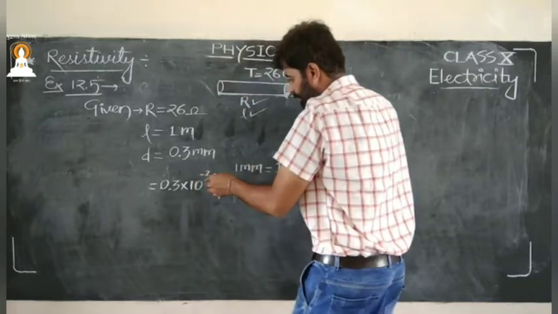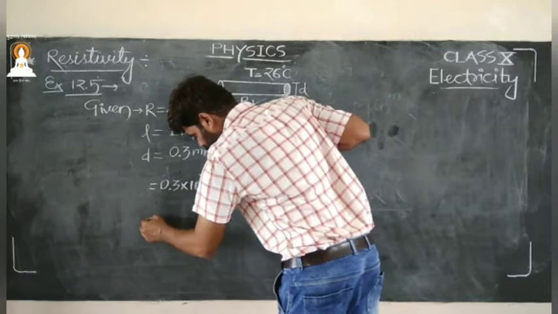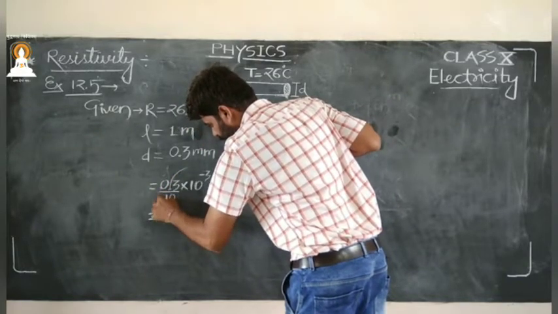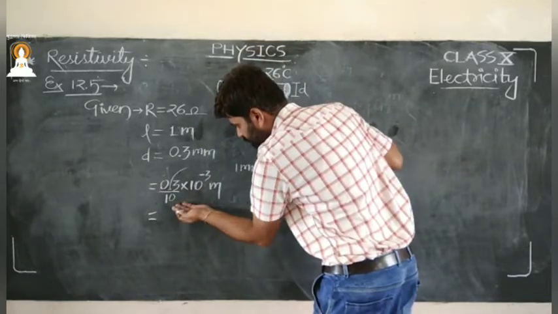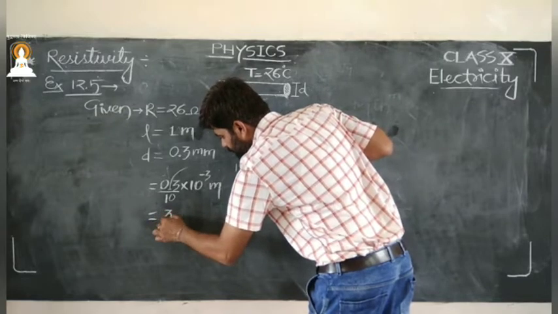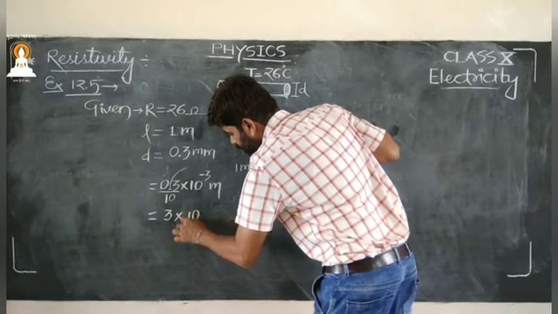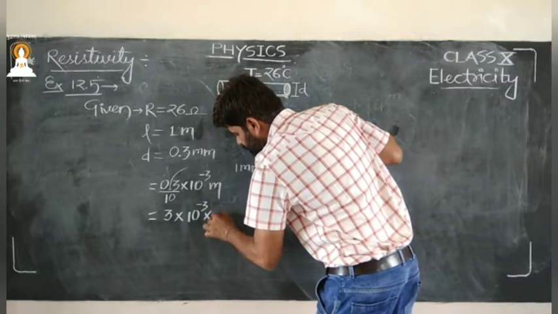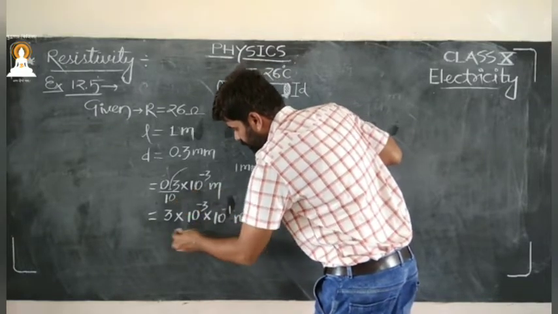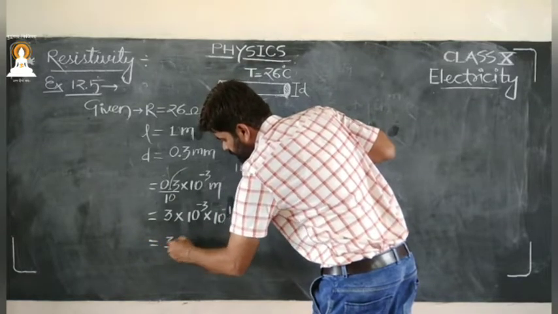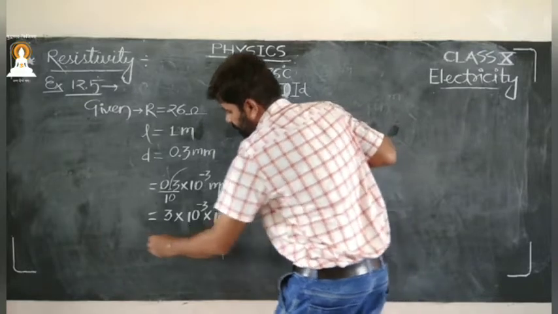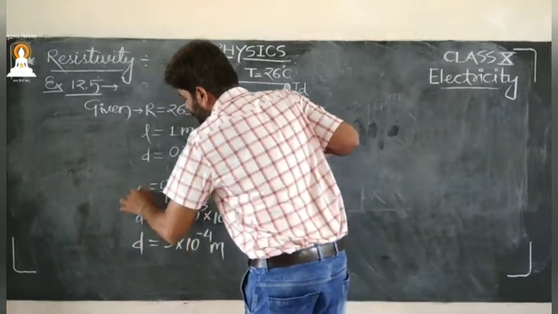If I remove this decimal, I get a 10 at the bottom, and moving it to the numerator makes it 10 raised to power minus 4. So this becomes 3 into 10 raised to power minus 4 meter, which is the diameter.